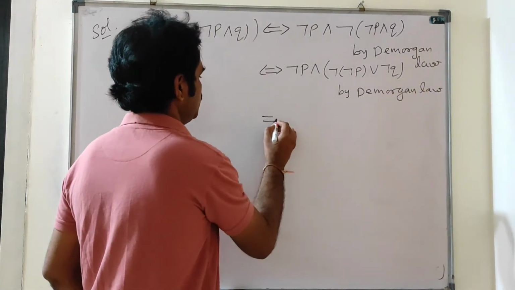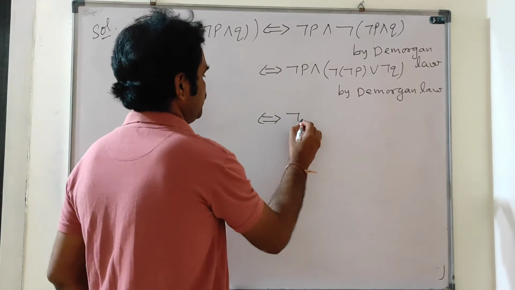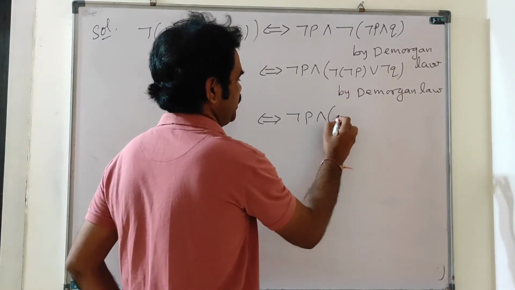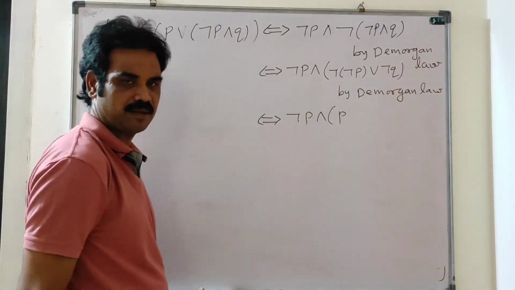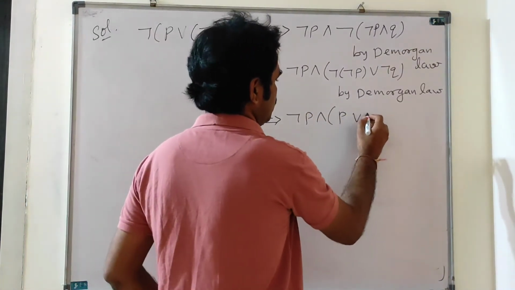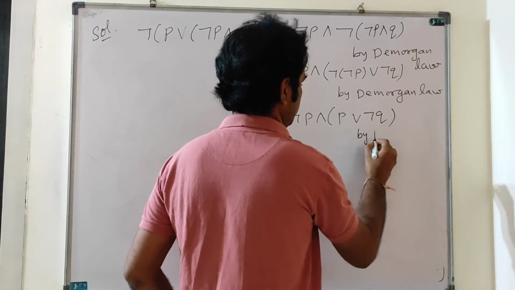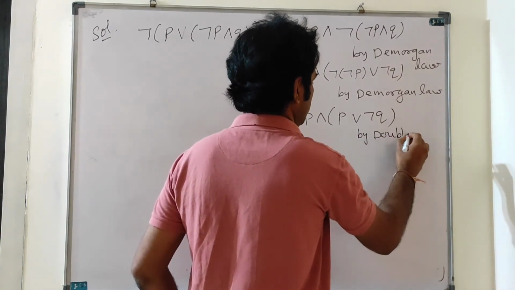And this is equivalent to negation P and (negation of negation P is P by double negation law, or negation Q).